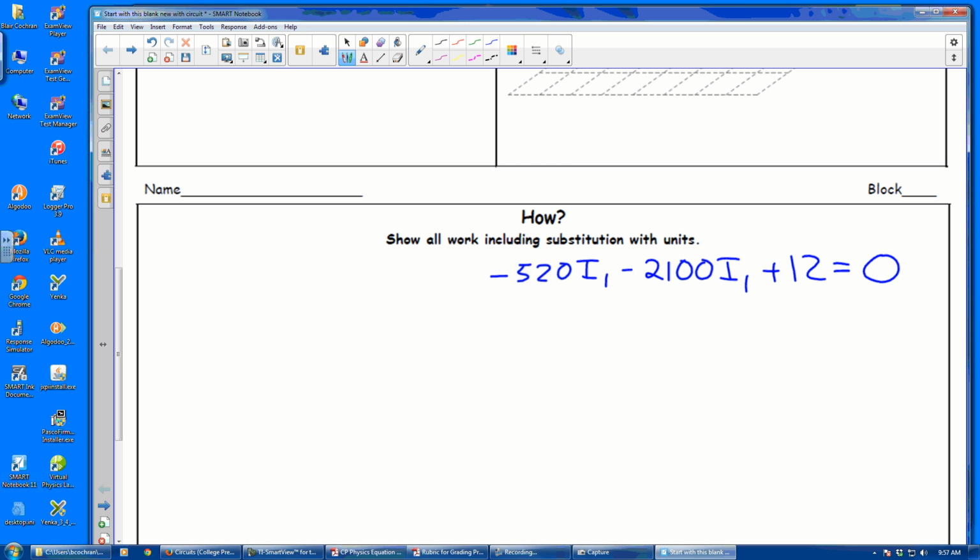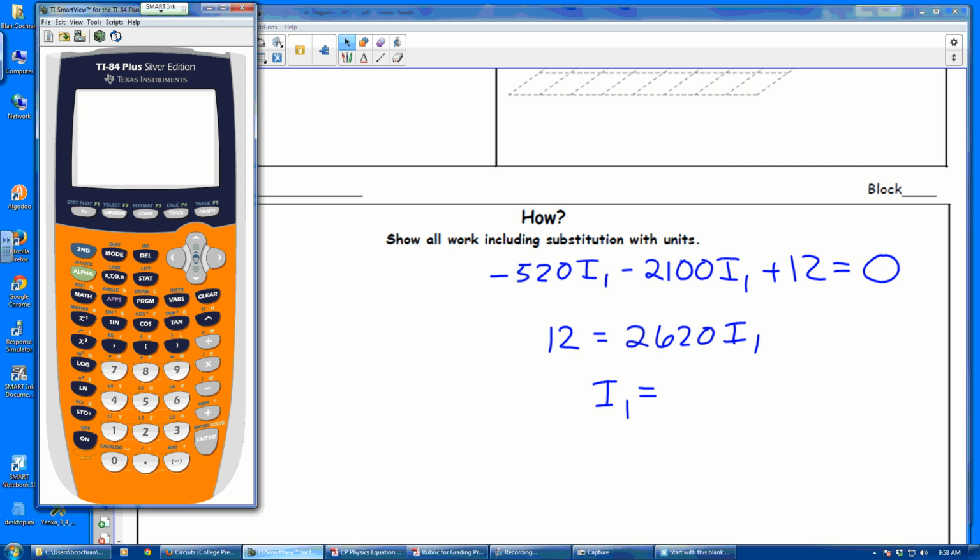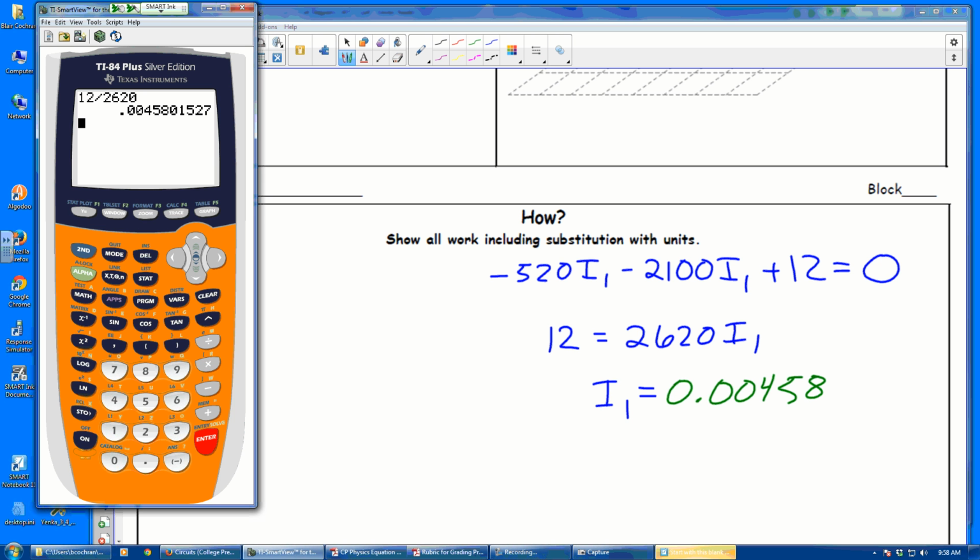And I can solve that by 12 equals 2620 I1. So I1 equals, hold on my calculator, 12 divided by, yeah. I get my current to be 0.00458157 amps.